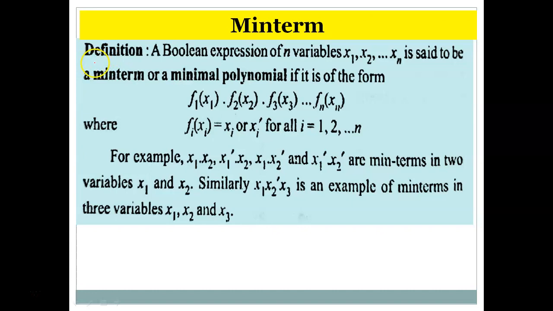What is the meaning of a minterm in a Boolean expression? A Boolean expression of n variables x1, x2 and xn is said to be a minterm or a minimal polynomial if it is of the form f1(x1) dot f2(x2) dot f3(x3) and so on fn(xn), where each of these fi(xi) will be either equal to xi or xi complement for all i from 1 up to n.